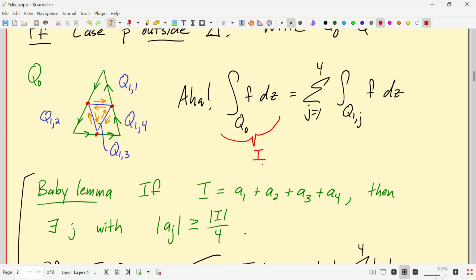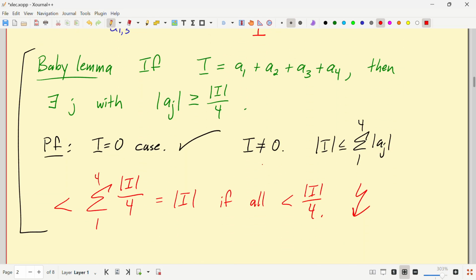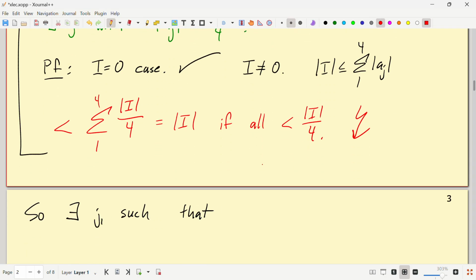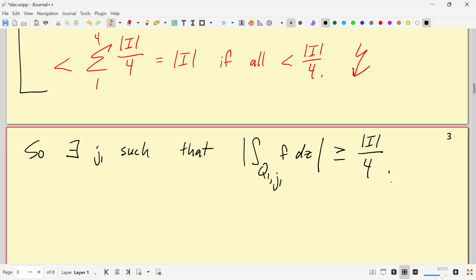That's my integral. So there exists one of the triangles, Q1 comma J1, such that the integral around it of f dz is greater than or equal to I over 4, since they add up to I. So that's the big one. And eventually we're going to show that those get too big.